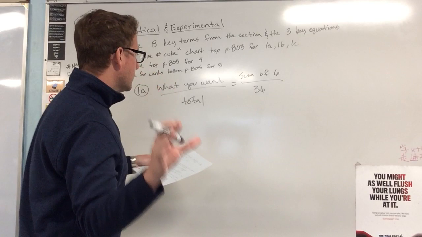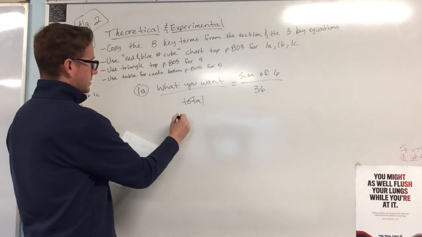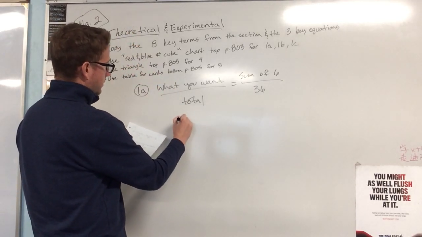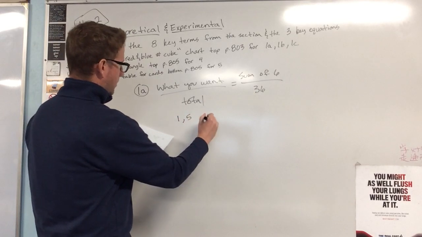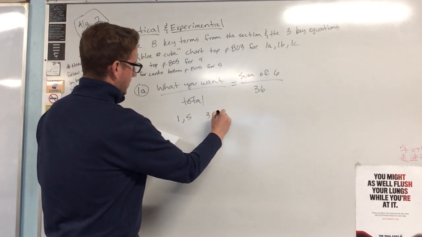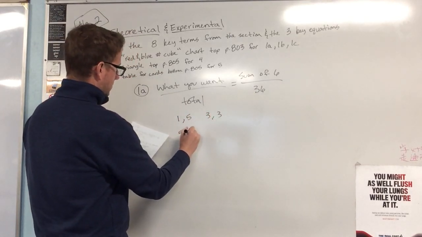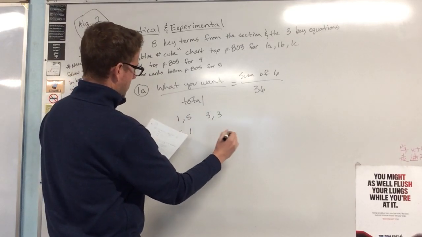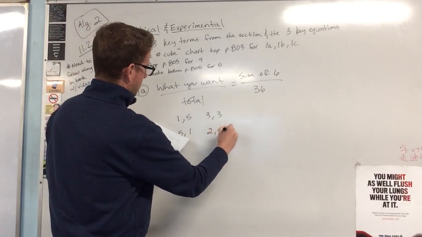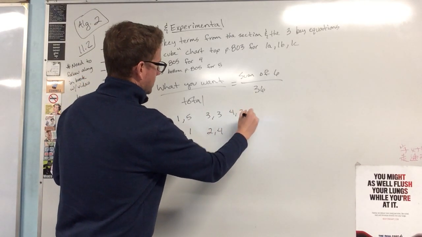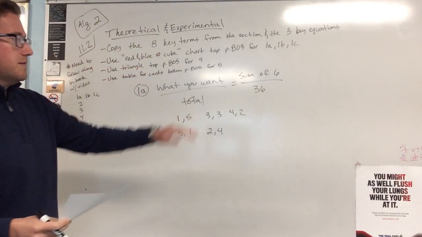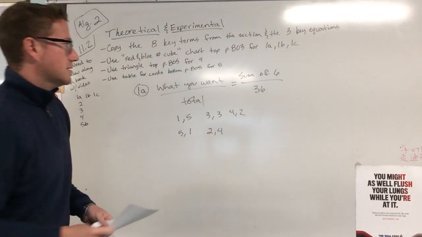All right, if you use that chart, you're going to see these are all the different possible combos that can equal a sum of 6. So right there, if you use your chart, these are the 5 that are going to equal a sum of 6.